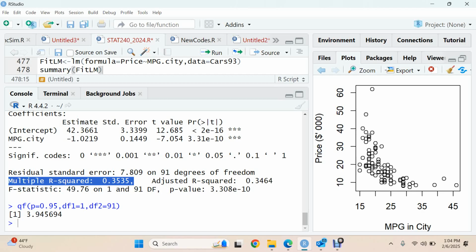The miles per gallon in the city explains only 35% of that variation, which means the other 65% is unexplained. In other words, it's caused by other variables other than the miles per gallon in the city. So basically, that's it on this regression.